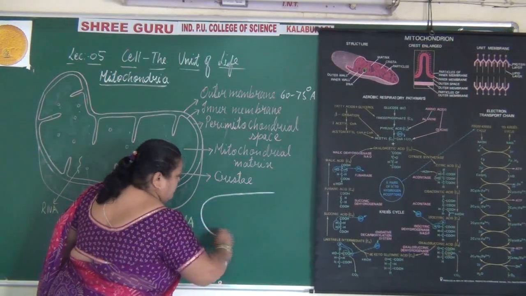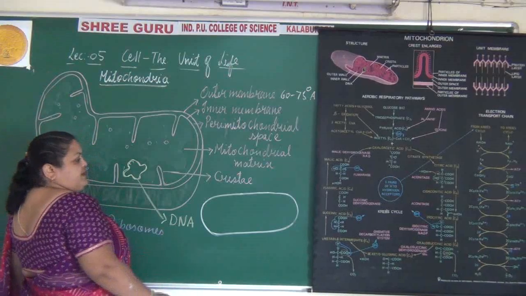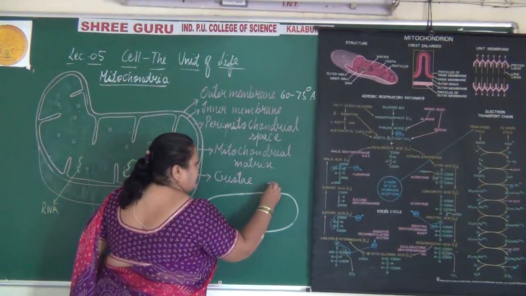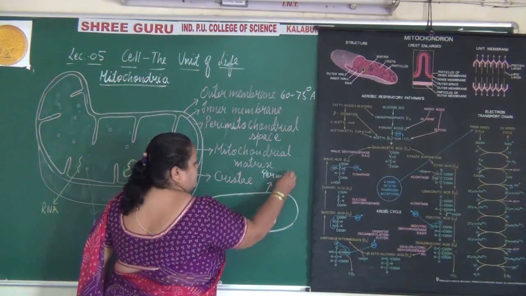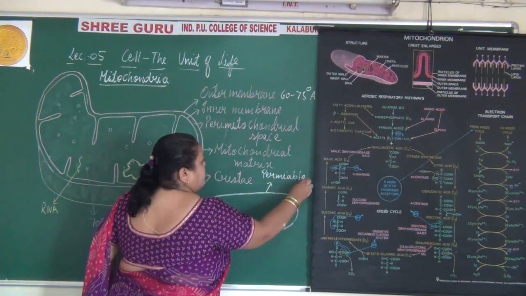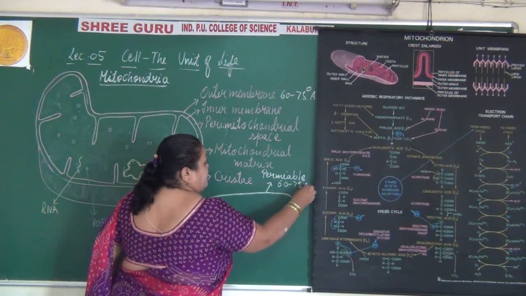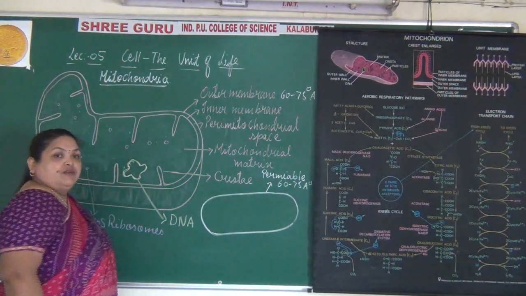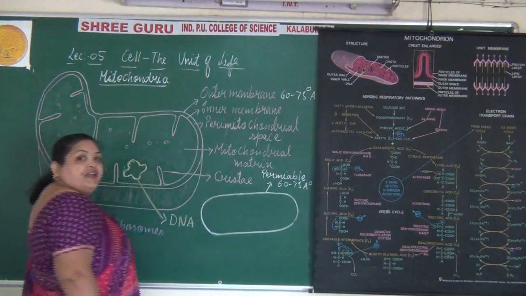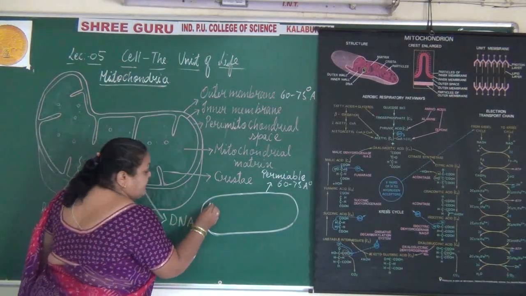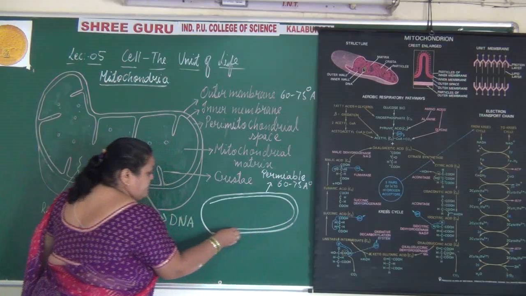This outer membrane is permeable, around 60 to 75 angstrom thick, and it has an inner membrane.